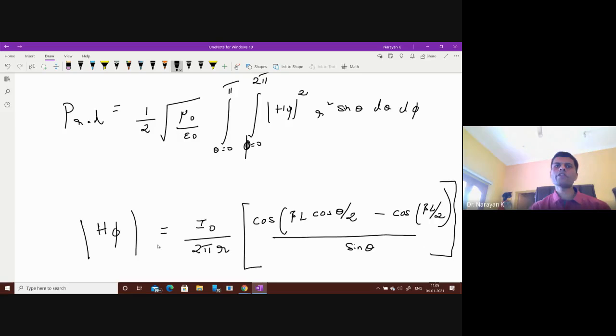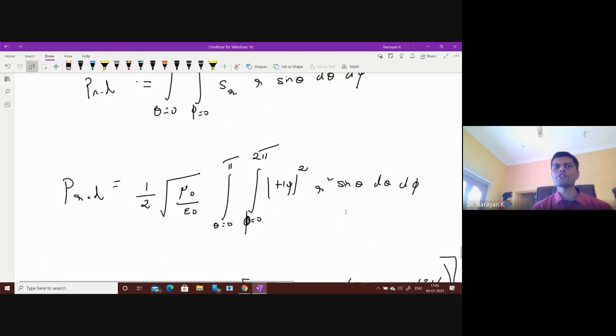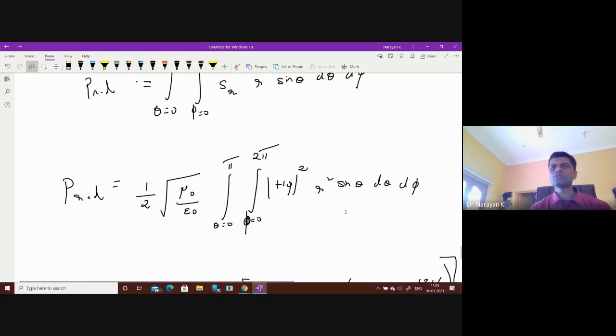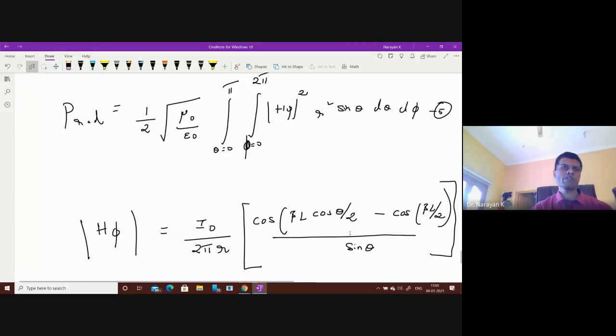So this is what you are required to substitute as a value for H phi. This is what you have to substitute in the above equation. So call this equation number 5. Substitute the value of H phi in equation number 5.